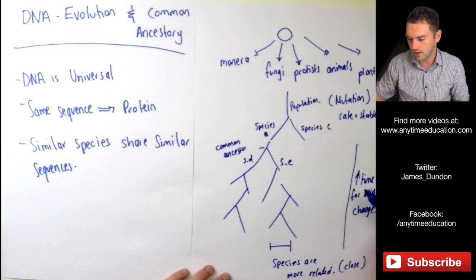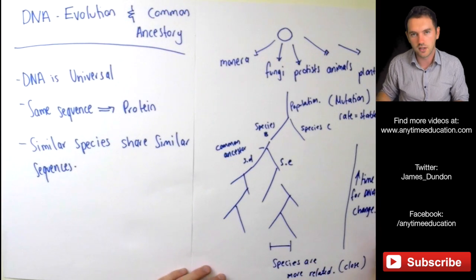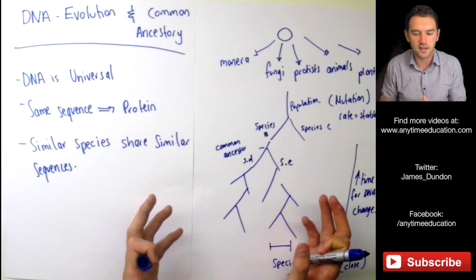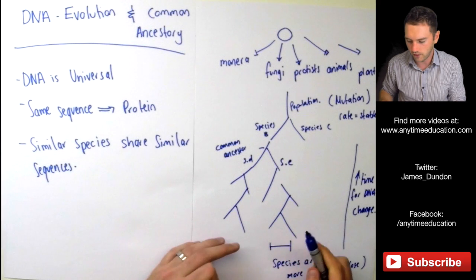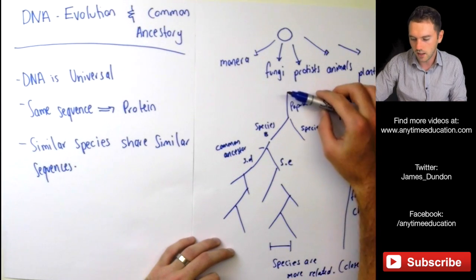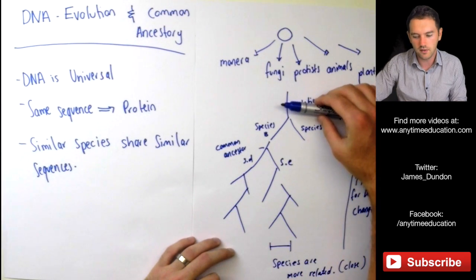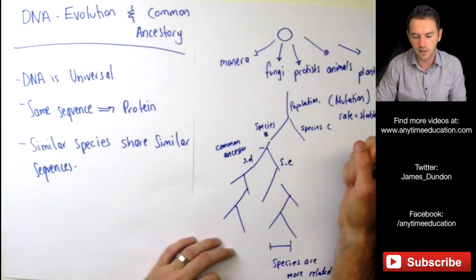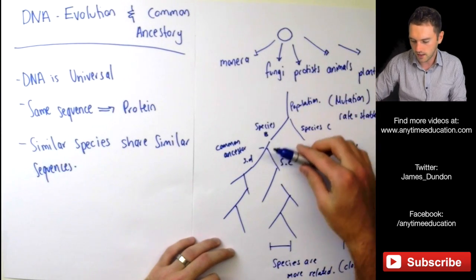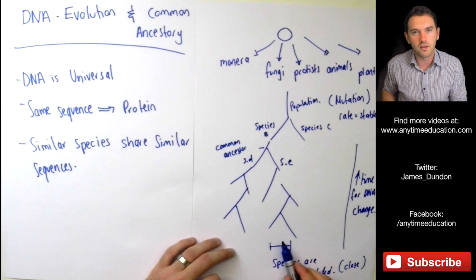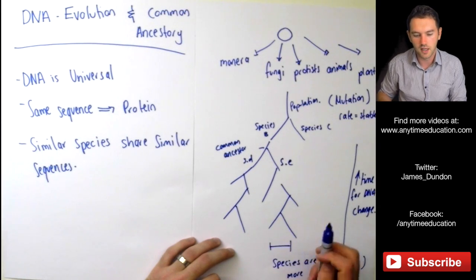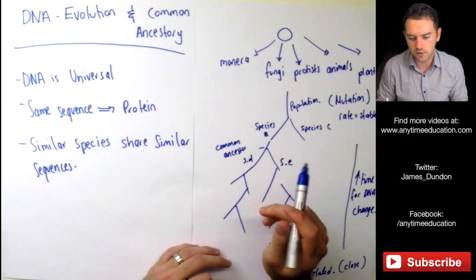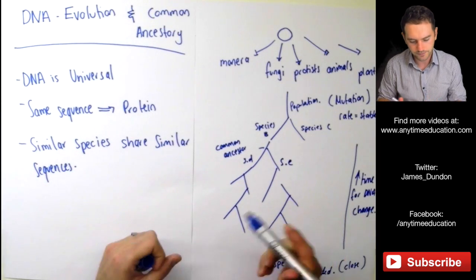That makes sense because they've had less time for mutation to change their DNA sequences. So the further up we go, the more change between species until we get to the top here, where we've got these 5 different types of cells. And as we go all the way down, these species are the most closely related. Check out phylogenetic trees as well, they're fascinating.